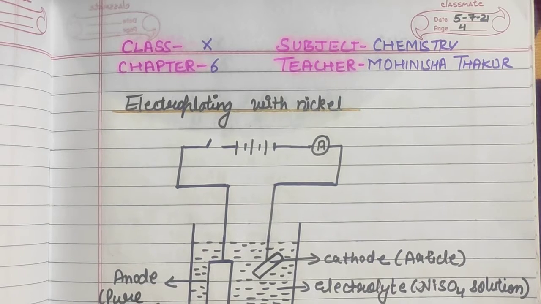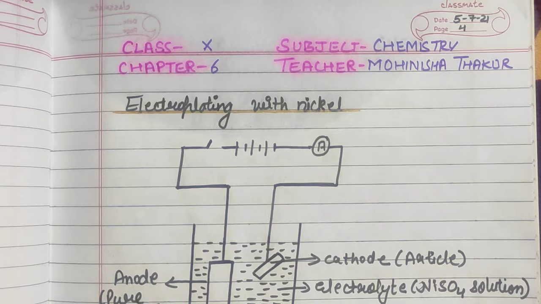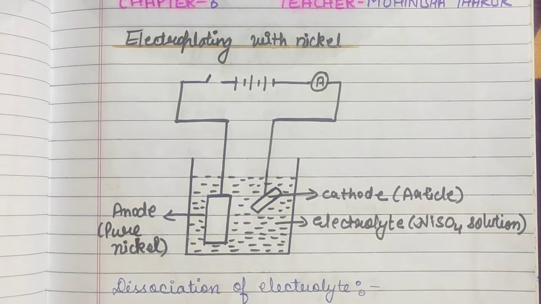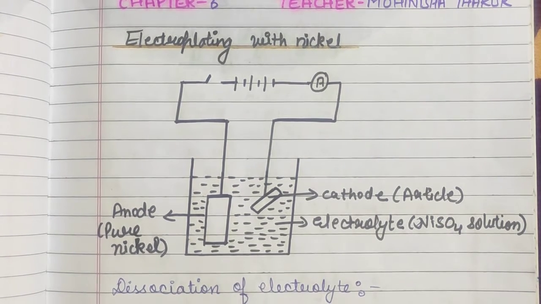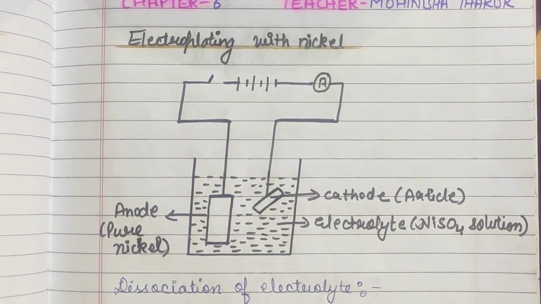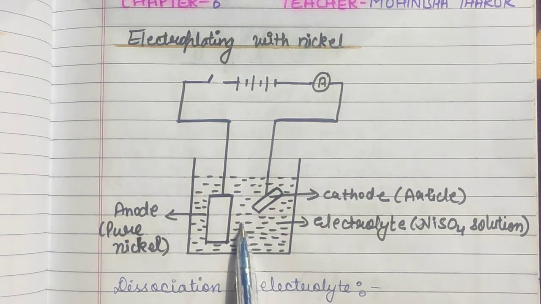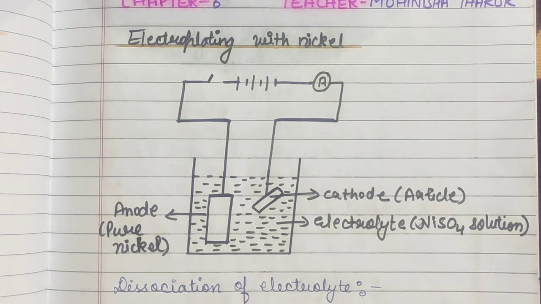Now we will discuss electroplating with nickel. So now we will do the electrolysis with nickel. So here you may observe the apparatus. We will take the container in which we take the electrolyte, nickel sulfate solution, NiSO4. Your electrolyte should be made of radicals.